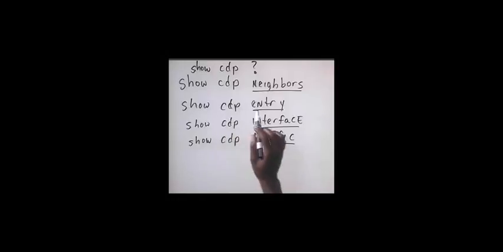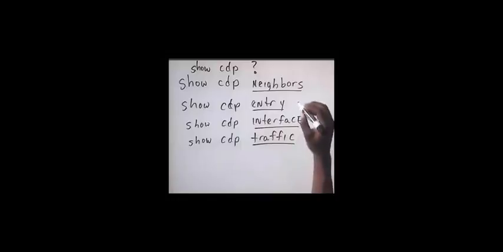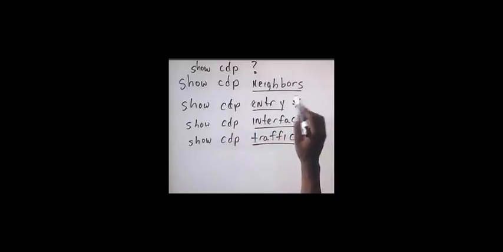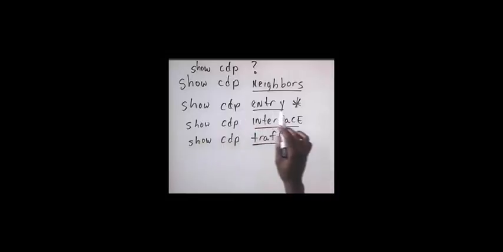The show CDP entry command is helpful primarily when you use this command along with this asterisk, or the show CDP entry splat. We call this a splat because we don't like saying the word asterisk. So show CDP entry splat, you would see one piece of information that you would not see with the show CDP neighbors command.